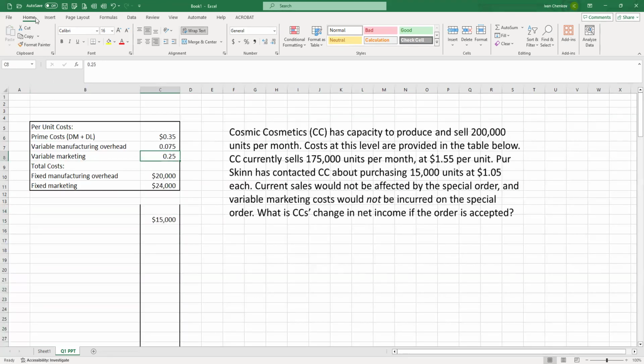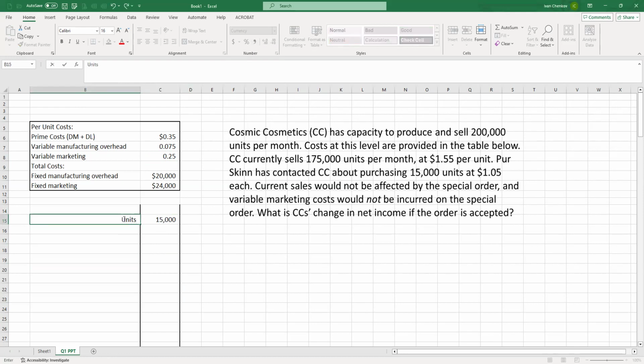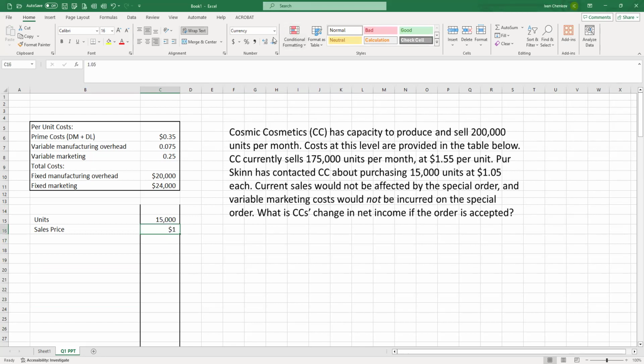That will be more like that. 15,000 units. And they are asking for a sales price to be 1.05. Okay. We have the sales price, we have the units.